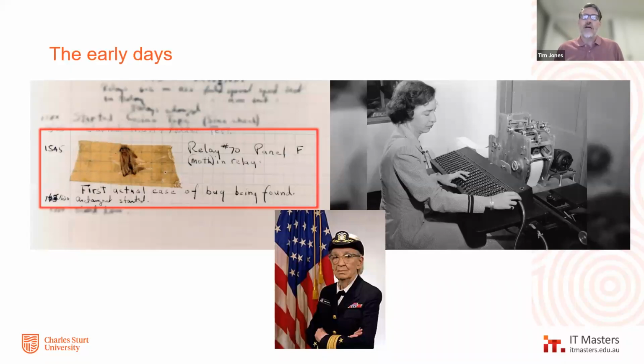So in the days of ENIAC, as someone mentioned, and the very early computers, they utilized vacuum tubes. These were large structures about the size of a small light globe that would be used as a single gate.